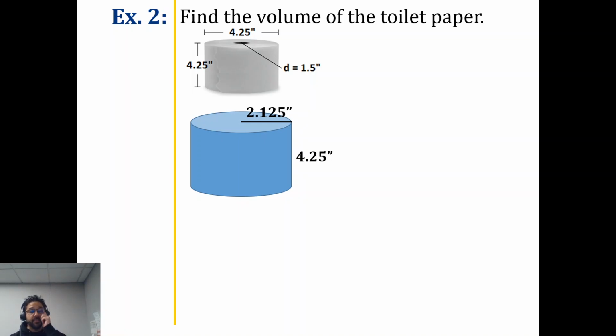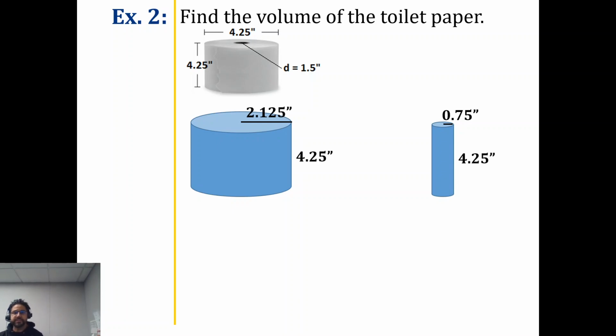So I'm going to find the volume of that shape. Then I'm going to find the volume of the inner shape, that skinny cylinder, if you will. I found the radius to be 0.75 because on my calculator I did 1.5, the diameter of the skinny part, divide by 2, and I get a radius of 0.75. Still has the exact same height of 4.25.